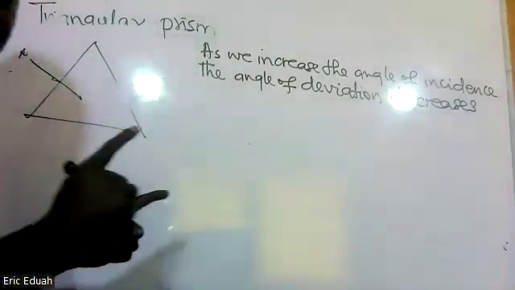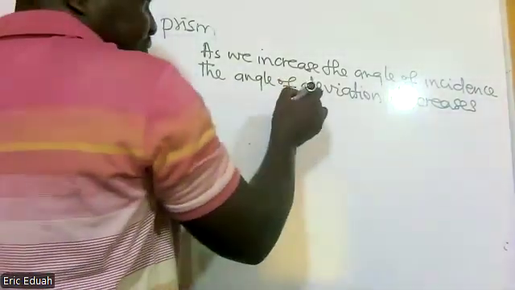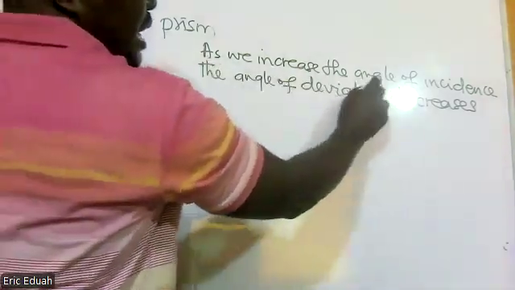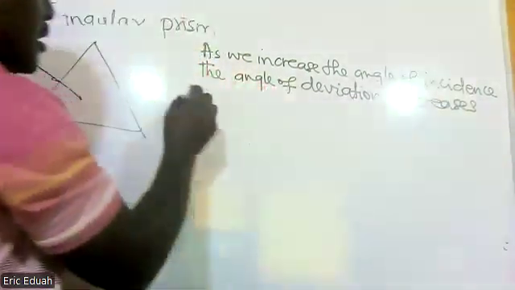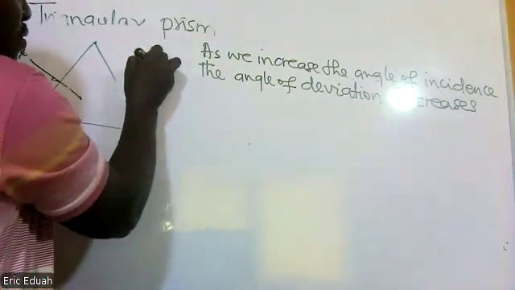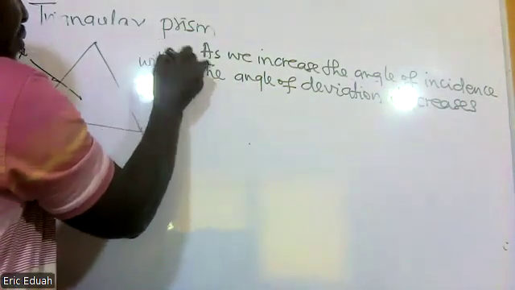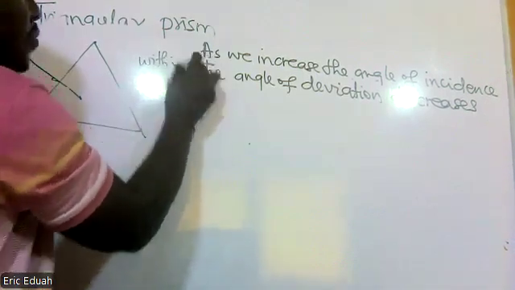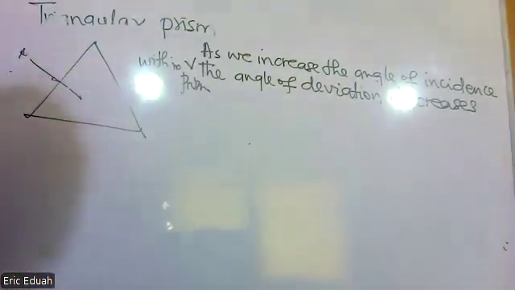Here, the angle of deviation, I mean the total deviation within the prism. So as we increase the angle of incidence within the prism, the angle of deviation also decreases.